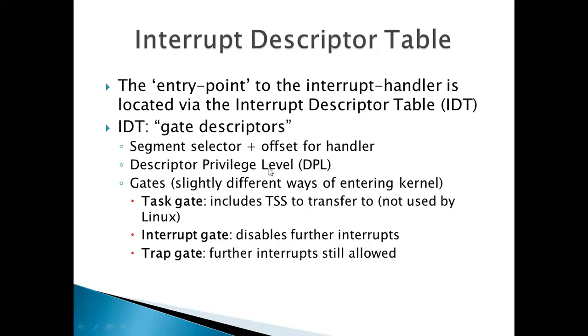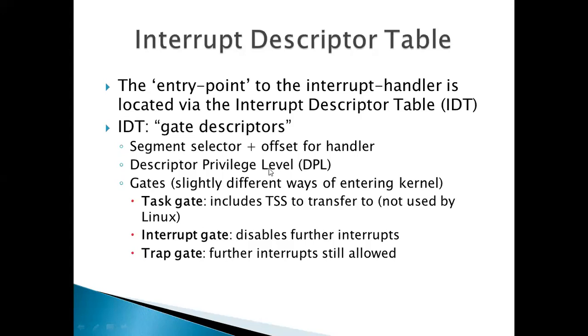If you remember, task gate we have seen as a part of your TSS, task gate descriptor, which maintains the information in the form of general purpose registers and some special purpose registers, whereas trap gate is a part of the interrupt part only, which maintains whether that instruction will be allowed.